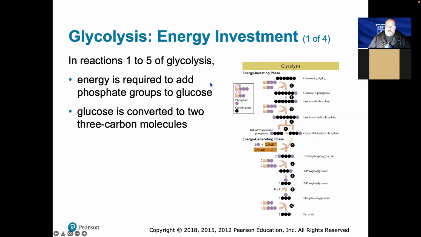Energy is required to add phosphate groups to glucose. Glucose is converted to two 3-carbon molecules, and those 3-carbon molecules are dihydroxyacetone phosphate and glyceraldehyde 3-phosphate.